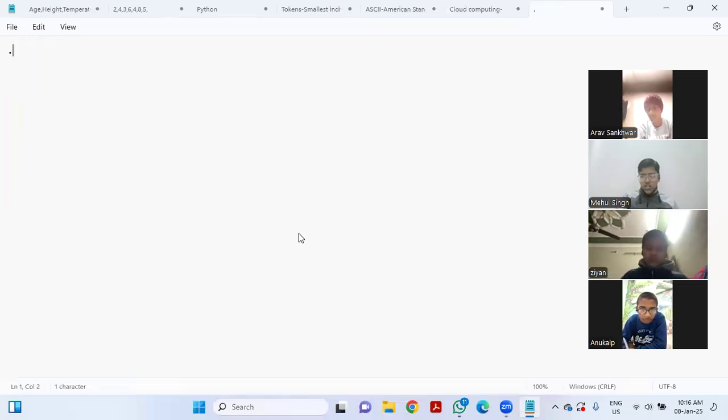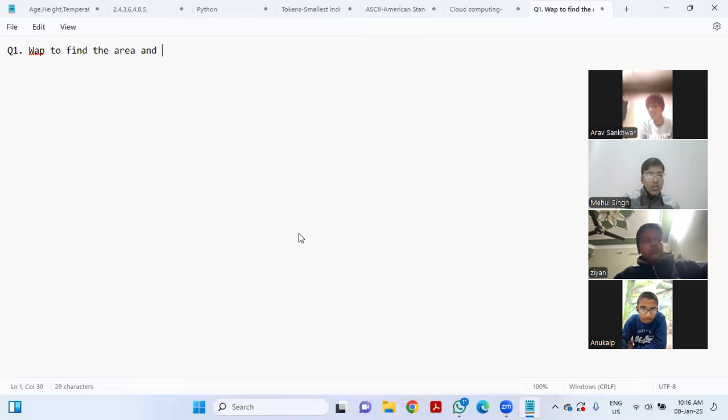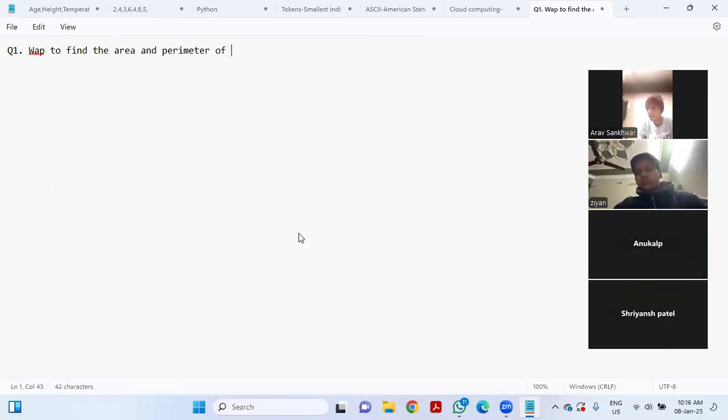First Python program: write a program to find the area and perimeter of rectangle. It is a short form, write a program, WAP.